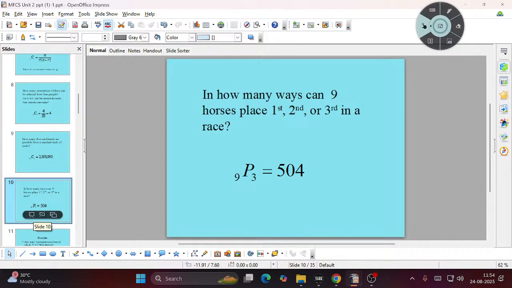What is the question here? 9 horses, 3 places. So directly 9P3 is equal to 9 factorial by 9 minus 3 factorial. Do it.